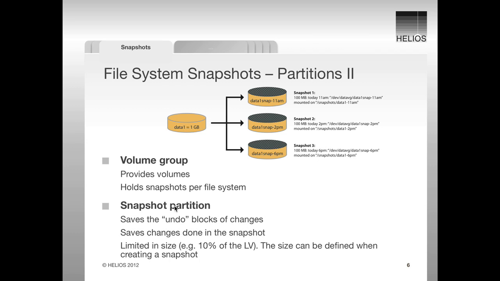The snapshot partition itself contains only the undo blocks, what needs to be done to get back to the original state. So this also means you need to specify a given size for the snapshot, because the snapshot needs to save the delta, and this needs some space. 10% of the logical volume is a good size to use.